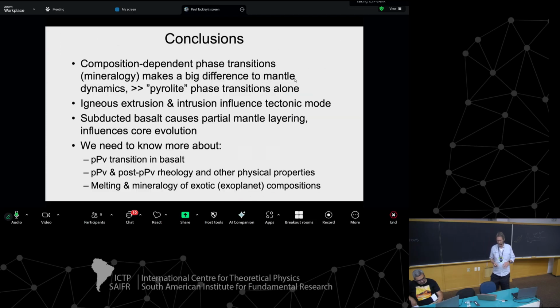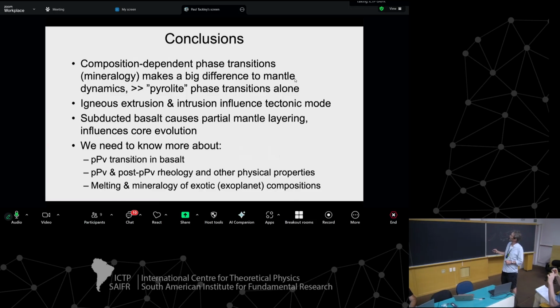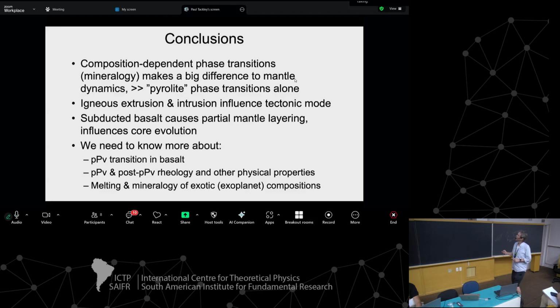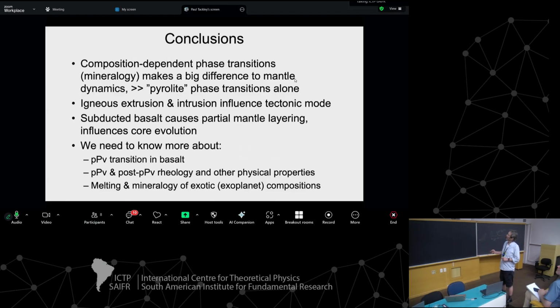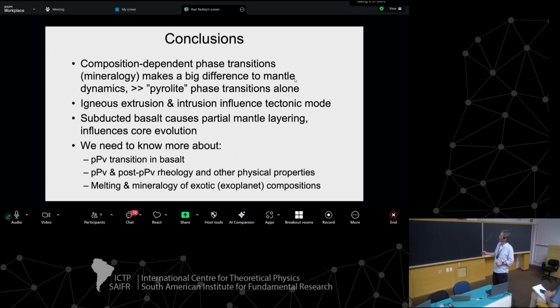So to wrap everything up, composition-dependent phase transitions make a big difference to planetary dynamics. In fact, I think more than the classical phase transitions in a pyrolytic composition. Igneous extrusion and intrusion influence the tectonic mode. Subducted basalt causes partial mantle layering, both at the transition zone and above the core-mantle boundary, and that influences the core evolution.